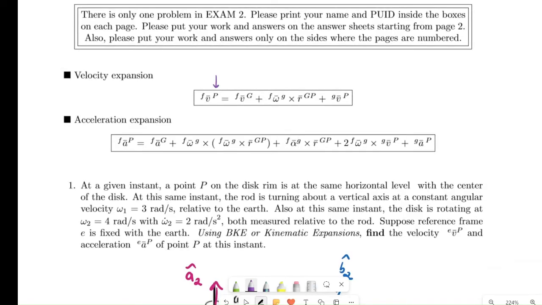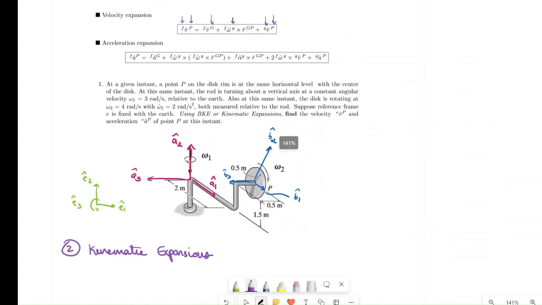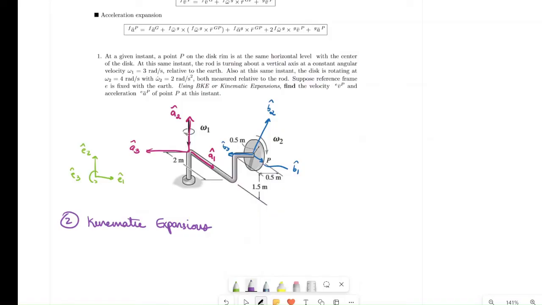If I have some point P of interest and I want to find its velocity with respect to the fixed frame, it's much easier to consider this from a reference frame G, and find the velocity of this point in the G frame. Then you need to pick a point, capital G, that is fixed in this G frame. So how does that translate to what we have here? In our case, we want to find the velocity of the point P with respect to the E frame.